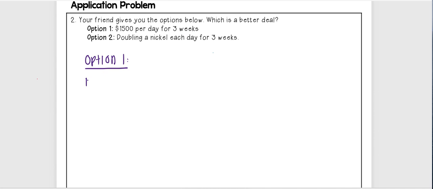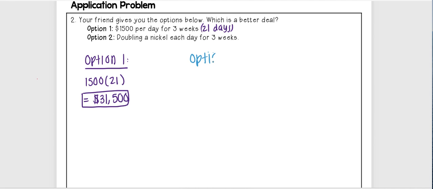So that means I'm just doing 1,500 times the number of days. Well, in 3 weeks there are 21 days. So I'm going to have 1,500 times 21, which, if you put that in your calculator, will get you 31,500. So that's how much money I'll get with option 1.